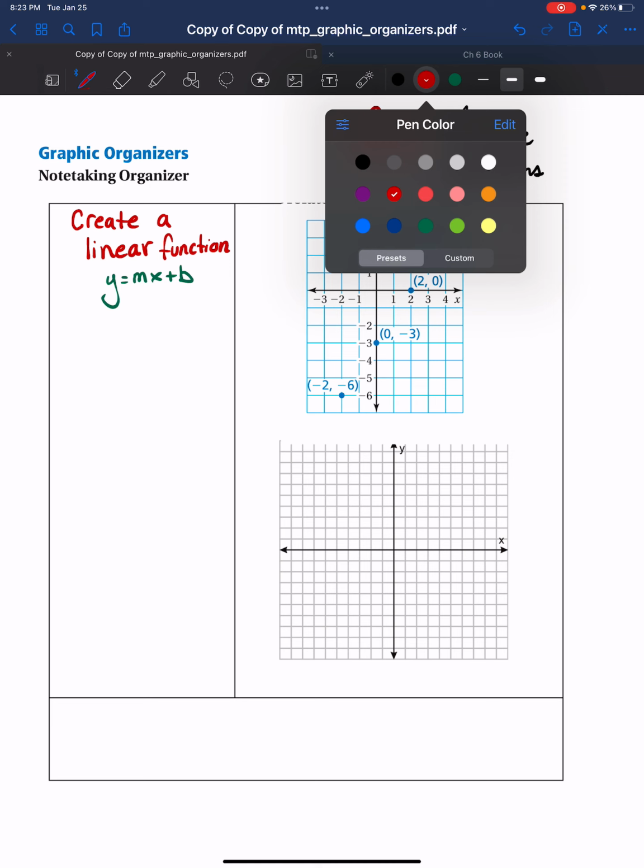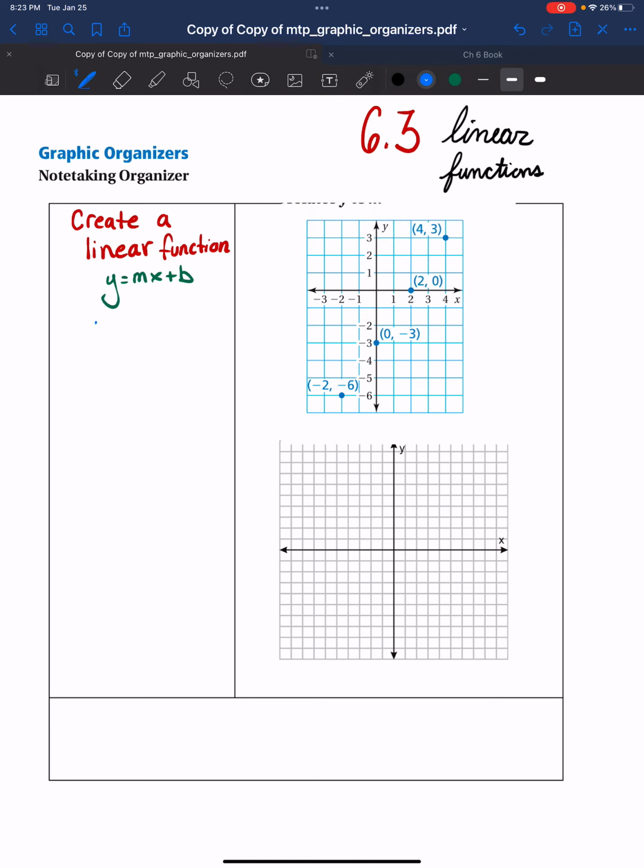So let's go ahead and plug that -3 in for my equation. Let me grab a different color. Okay, so I've got y equals, I need to find the m, but I know I've got the x stays constant, plus -3. All right, now, my kids at home, you guys know how to find slope. You have 2 ways to find it.